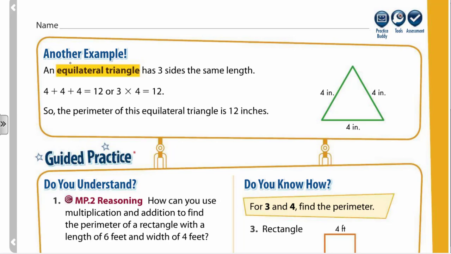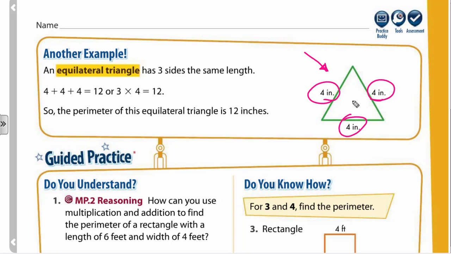And here we have another example for something. This one is a triangle. This is a triangle, 3 sides, so it's a triangle. And this one, we have the same number again.